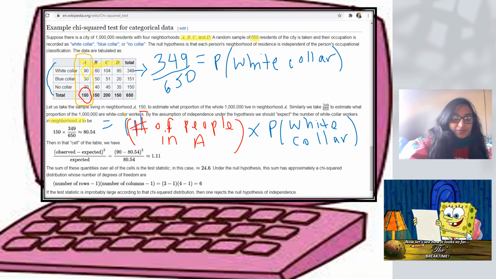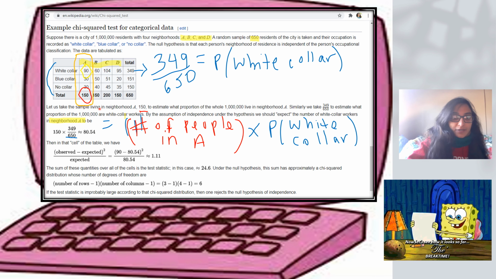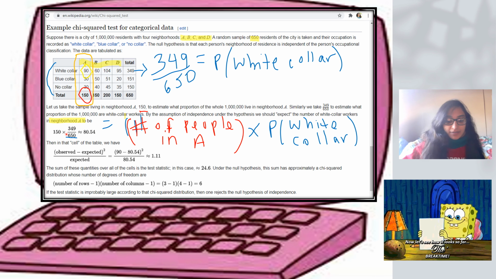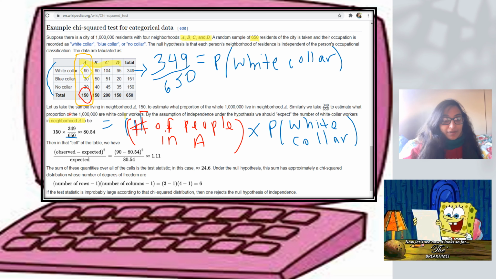So that's what this 349 over 650 is representing, and that's what this 150 is representing. If we were to look here, we would expect to find about 150 people in A, multiplied by the probability of having a white collar worker.